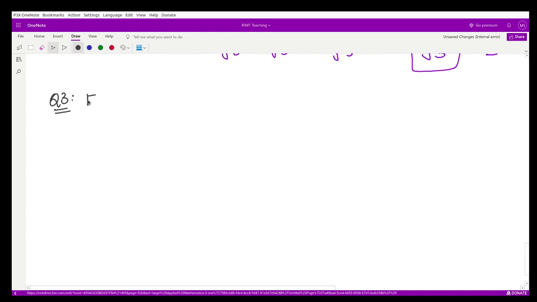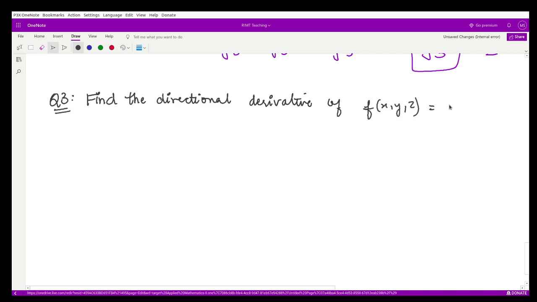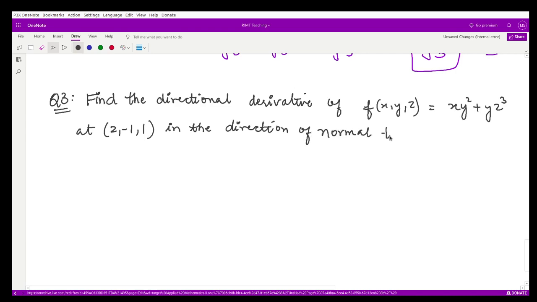It states: find the directional derivative of f of x, y, z, which is given to be x y square plus y z cube at the point 2, minus 1, 1 in the direction of the normal to the surface.